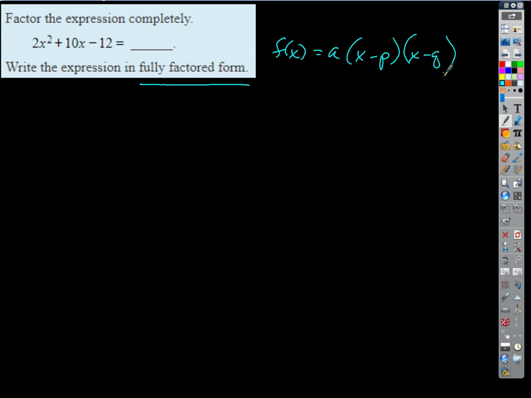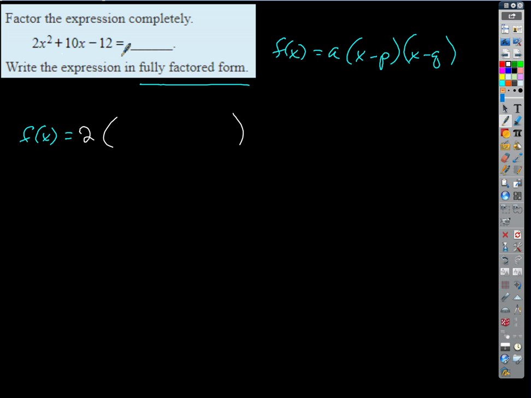So what do we always do when we factor first? Common factor. Greatest common factor, right? So what's the biggest thing we could undistribute here? 2. Positive 2. Okay, so this is equal to, we could take out a 2, leaving us with what?